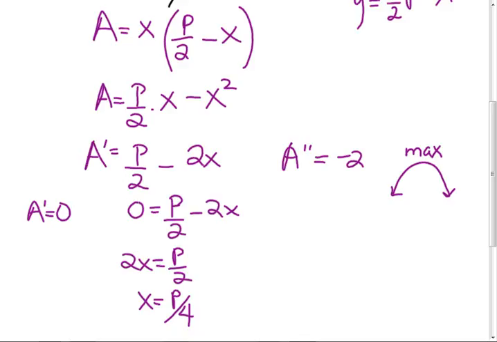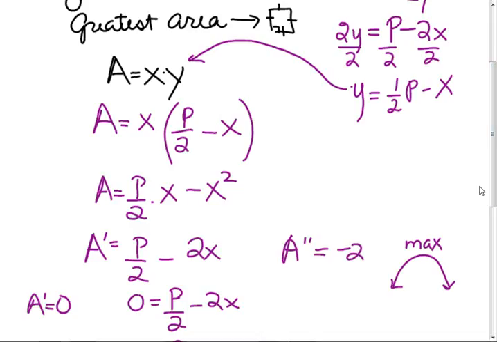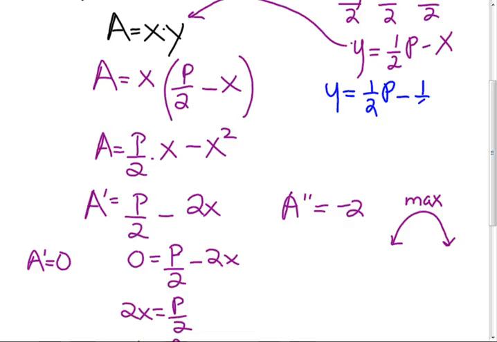Is that okay? Okay, now we have to find the y value because I have to show it's a square. So y equals 1 half of P minus my x, which is 1/4 of P. If it helps you, let's factor P out of there. It's a half minus a fourth.